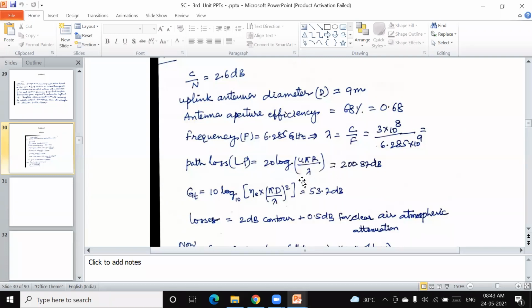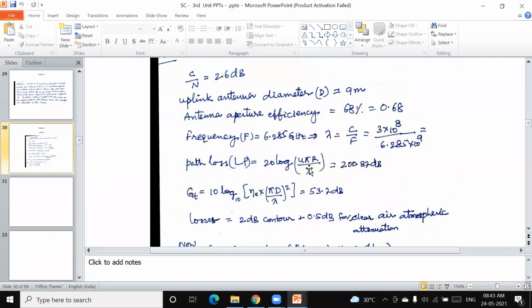PT GT GR times lambda by 4 pi R squared is actually the general satellite link design. So this lambda by 4 pi R whole squared can be considered as a loss. Therefore it is reversed here, and it is 20 log 4 pi R by lambda.